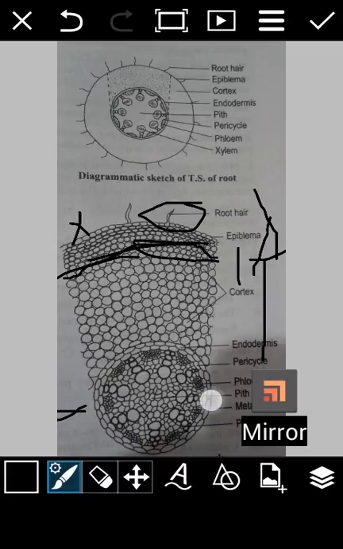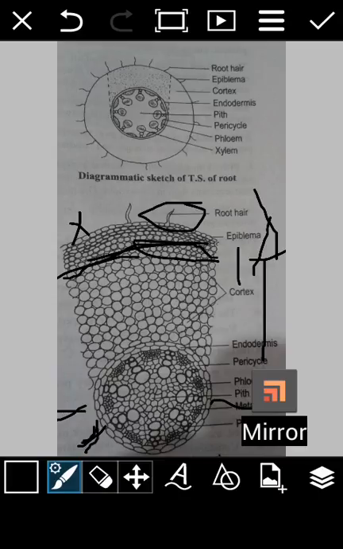They are thick-walled at the outer region, whereas thin-walled on the inner side. You can see here, this inner region is known as passage cell.